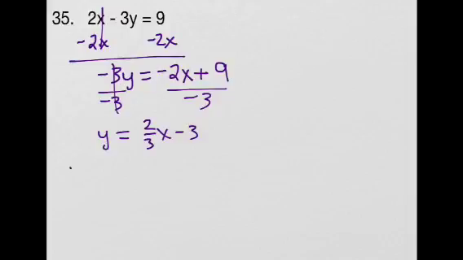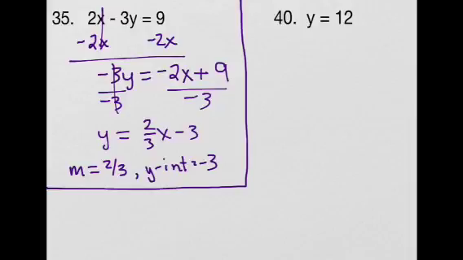So m is 2/3, y-intercept negative 3. And to describe the graph, because the slope is positive, 2/3, you could just say this line rises from left to right. And that's it.